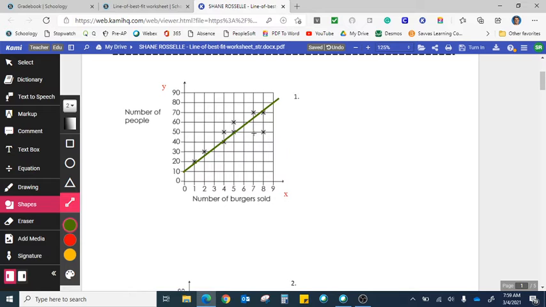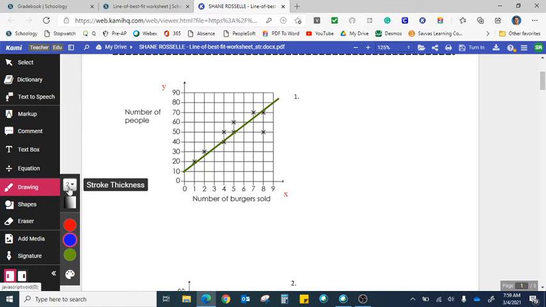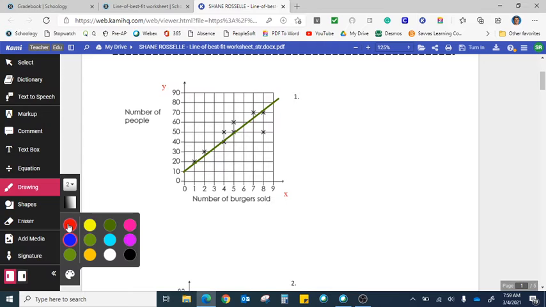When I'm creating the equation, my first step is to write the coordinates of 2 points that actually lie on the line. I've got an easy point right here.